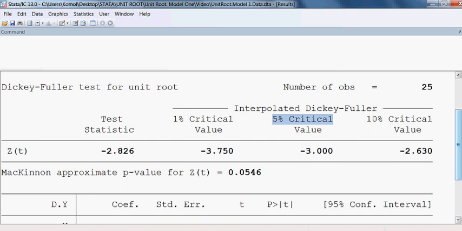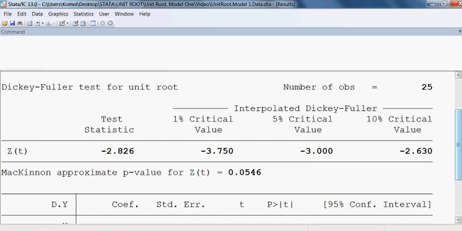Okay, and then another guideline: when the absolute value of the test statistic is more than the critical value, we can reject the null hypothesis and accept the alternative hypothesis.